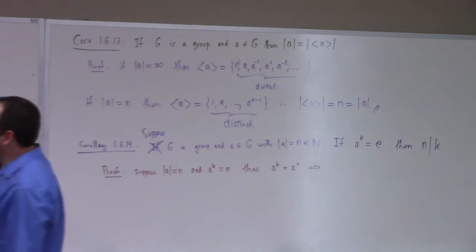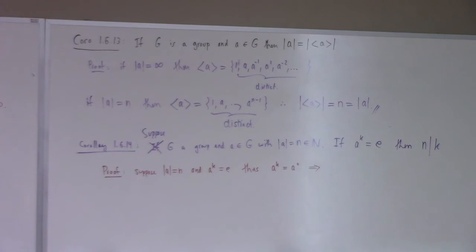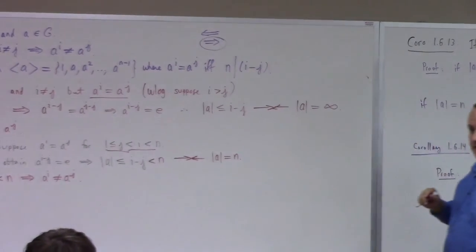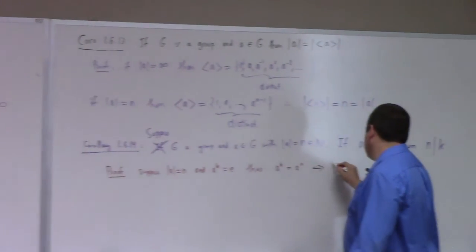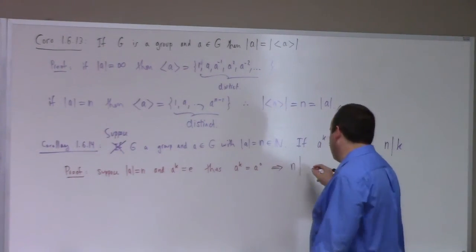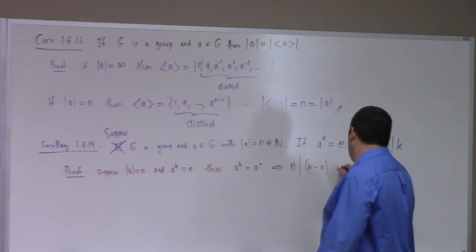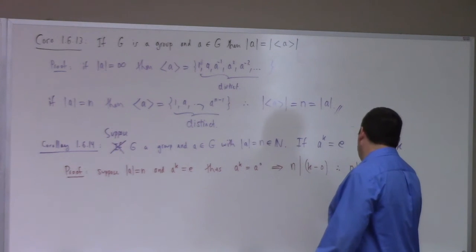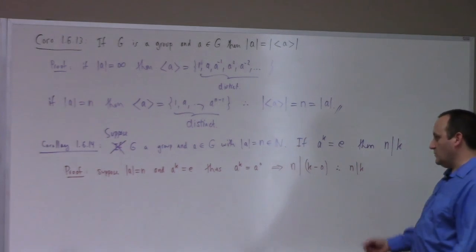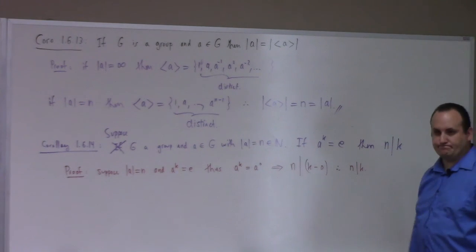The order is n. I have a to the i equals a to the j, but i equals k, j equals 0. Thus n divides i minus j. But what is i minus j here? i minus j here is k minus 0. Therefore, n divides k. Oh, we proved it.